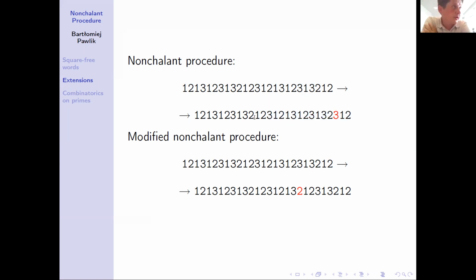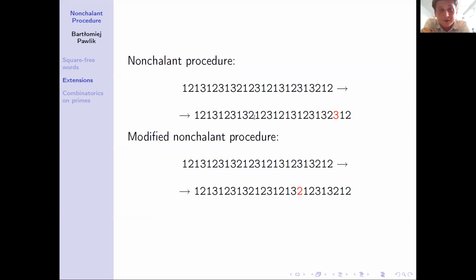So we conjecture that this modified nonchalant procedure never stops as well, but again, we do not have a proof. Maybe these conjectures are equivalent. That would be a nice result too, if someone could show that.